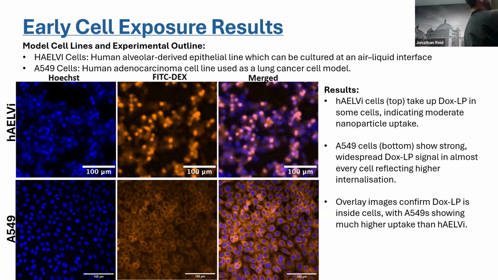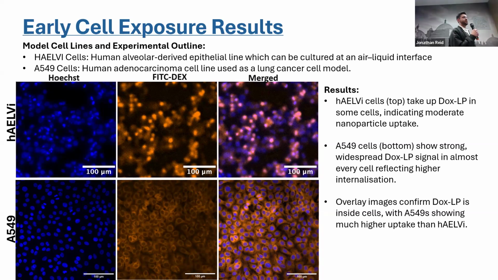The first box essentially highlights the nuclei, so the nucleic dye that we have highlighted the nucleus of the cells with. And the second box is our fluorescent dye that you can see underneath being encapsulated into the cells. Third is both merged together. Now, apologies for the picture on the top being a little bit blurry.